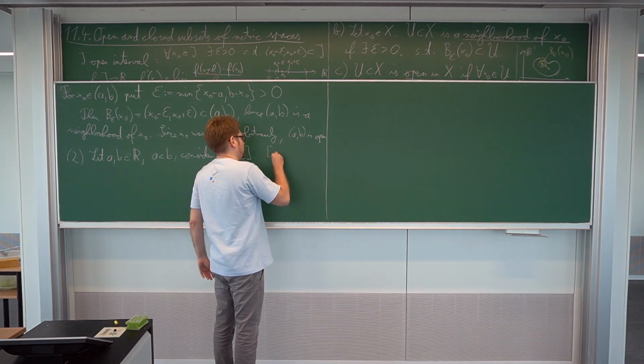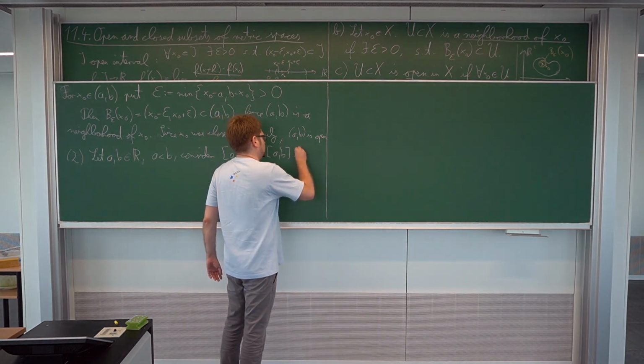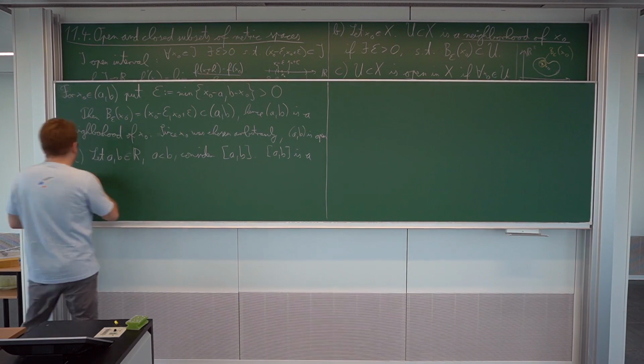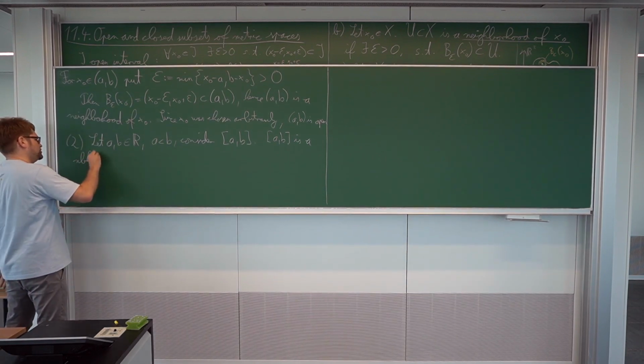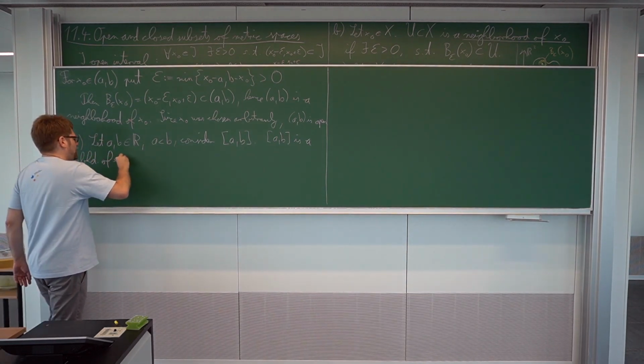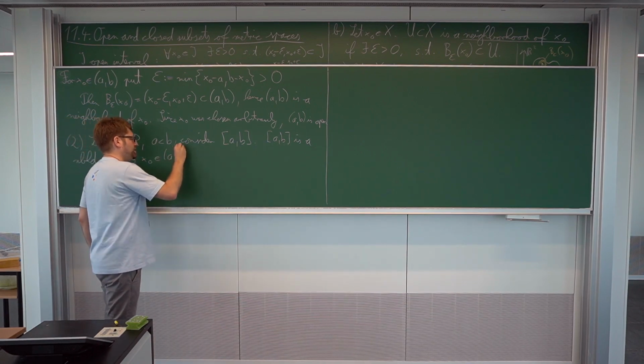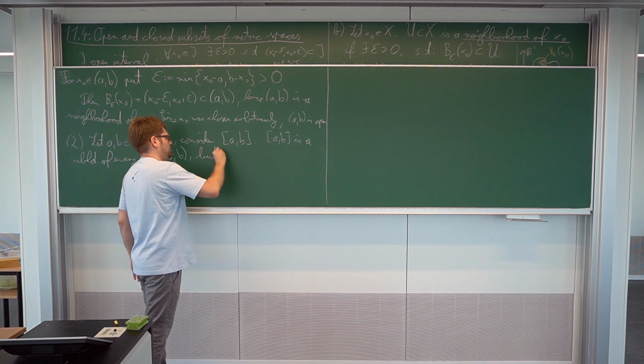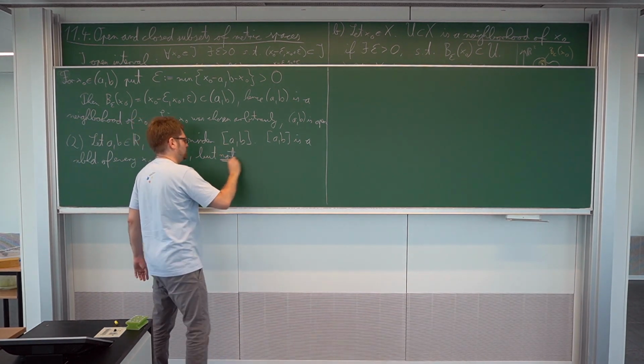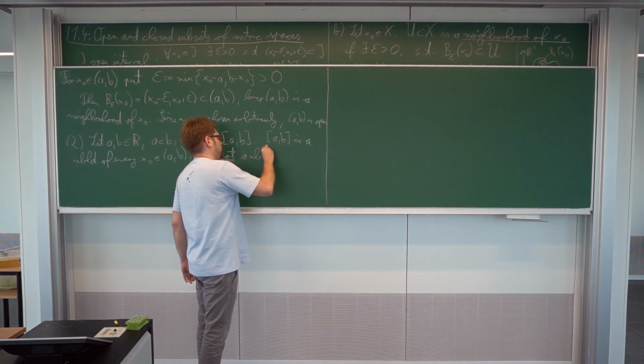So [a,b] is a neighborhood (NBHD) of every x0 in (a,b), but not a neighborhood of a or of b.